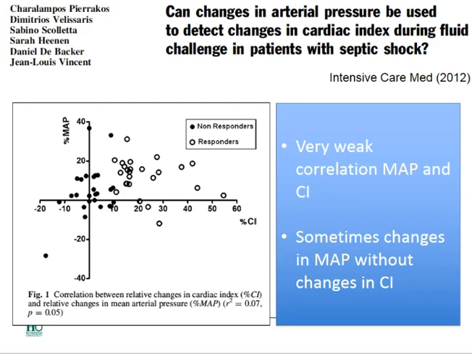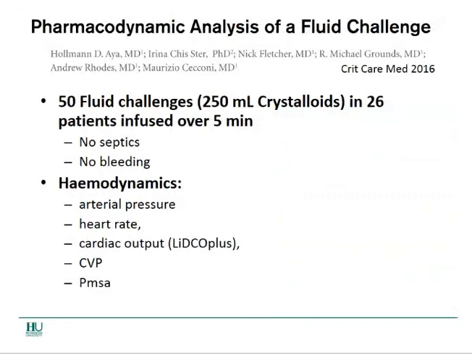So that's still a good effect because I'm probably recruiting microcirculation. I am increasing my cardiac output, I'm increasing the oxygen delivery. But if I just look at the mean arterial pressure changes, I will not be able to spot this. And I may prevent some patients in which fluids are still beneficial from receiving appropriate therapy.